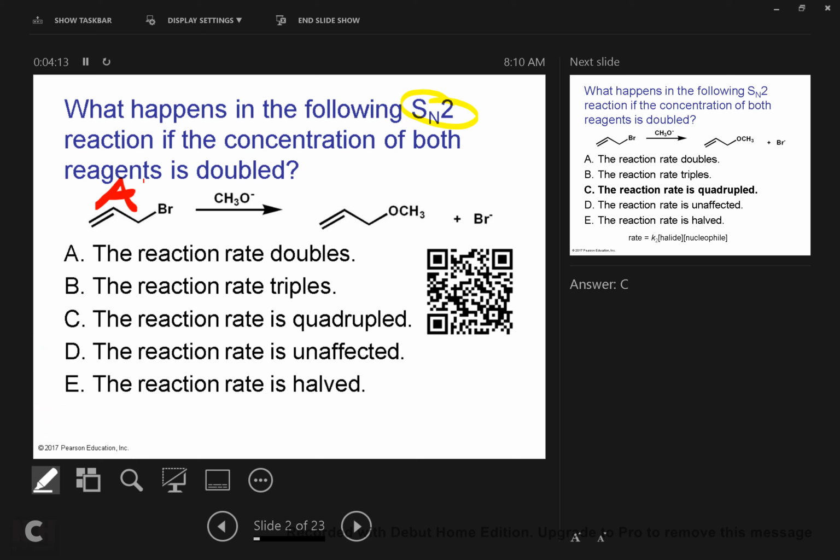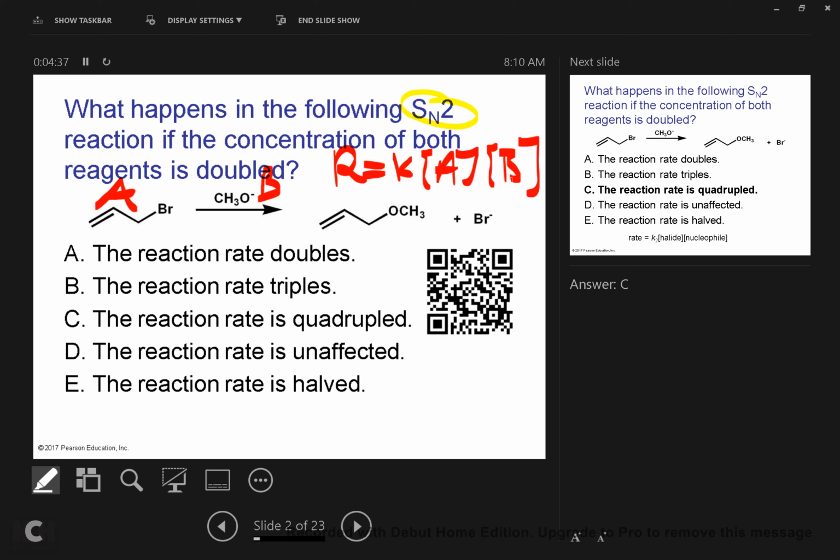So if this is reagent A, and then let's call the methoxide CH3O minus reagent B, okay? The rate of this reaction is proportional to the concentration of A and the concentration of B. That's basically what this SN2 means. A is the alkyl halide, B is the base, okay? So the rate of reaction depends on that.